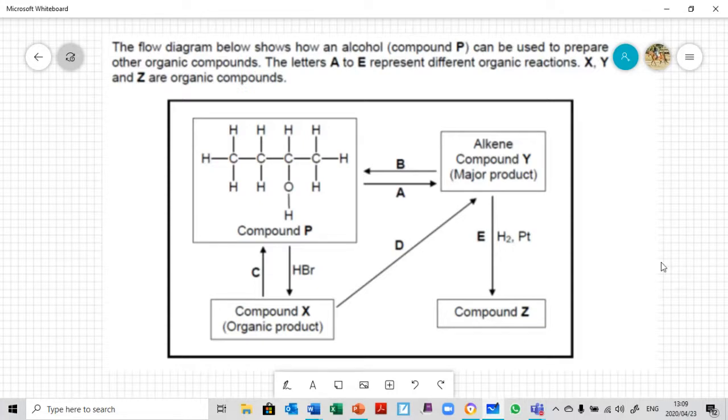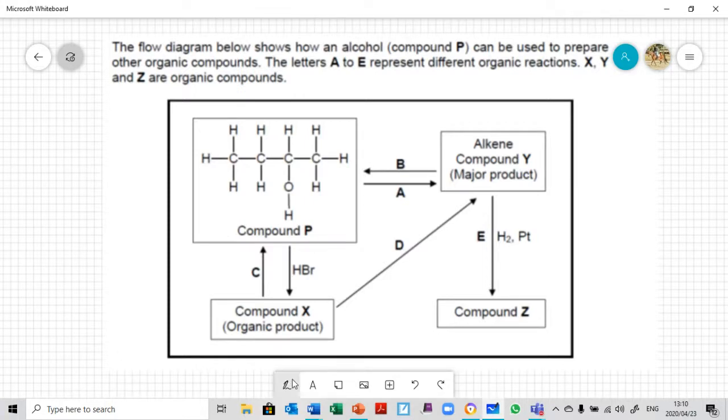So let's look. They want to know what type of alcohol is compound P. We've got primary, secondary, and tertiary. So we need to look at the carbon that the OH group is attached to. So here is our OH group. Our OH group is attached to this carbon over here.